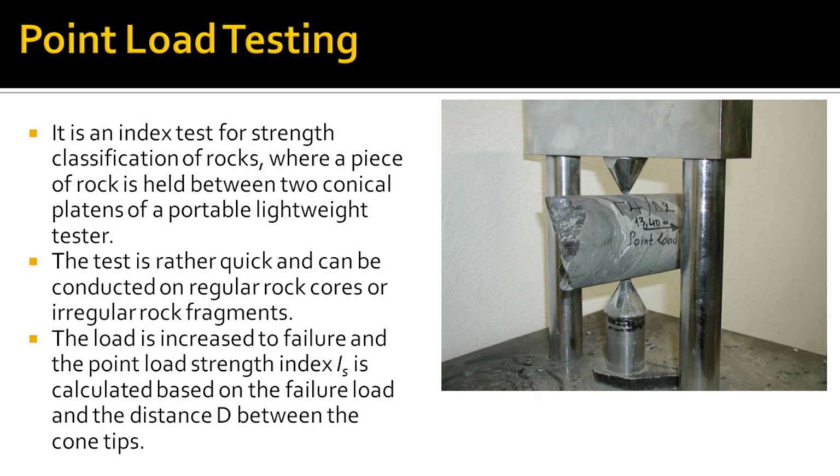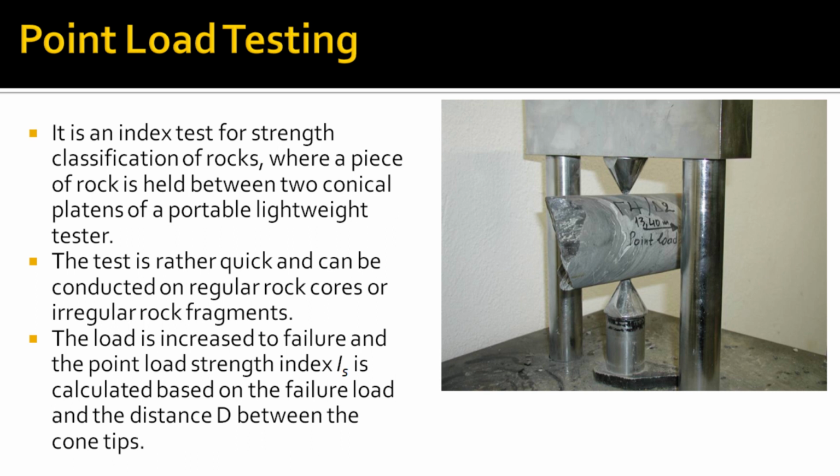The point load strength testing entails putting a piece of rock, it can be a core sample as well, between two conical loading plates, and gradually the load is increased until the sample reaches failure. Here the mode of failure is under tension.